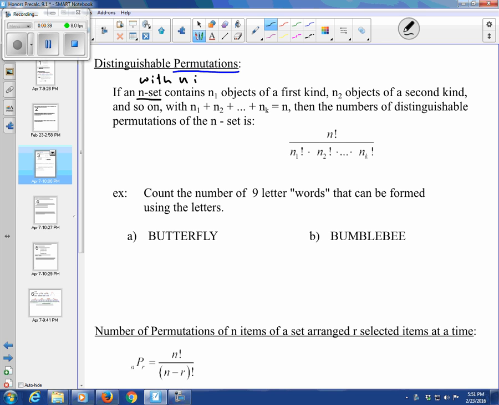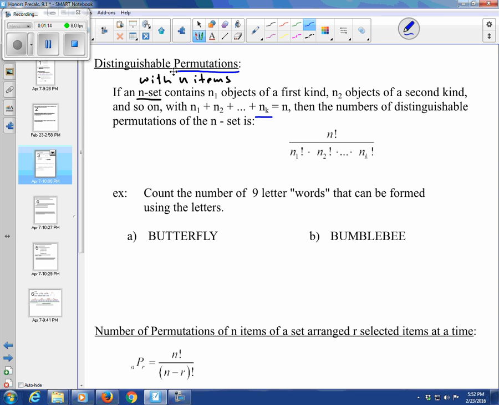If an n set contains n sub 1 objects of the first kind, n sub 2 objects of the second kind, and so on, with n sub 1 plus n sub 2 plus up to n sub k, where n sub k is the number of objects we have of the last kind, equaling n, then the number of distinguishable permutations of the n set is going to be n factorial divided by n sub 1 factorial times n sub 2 factorial times up to n sub k factorial.